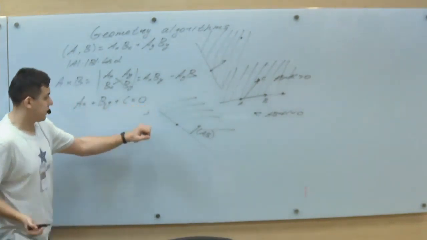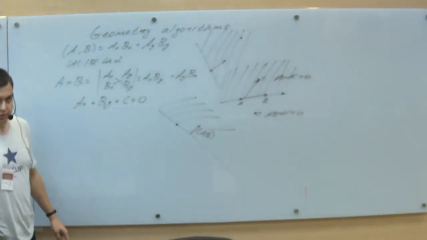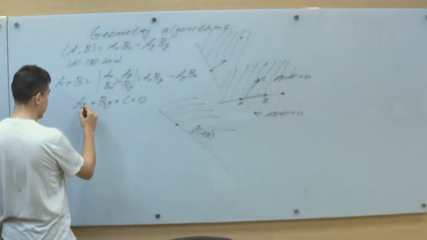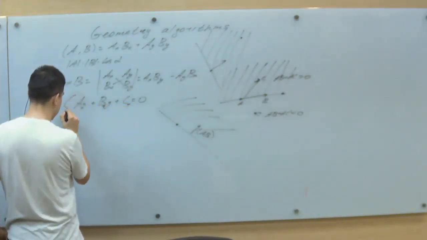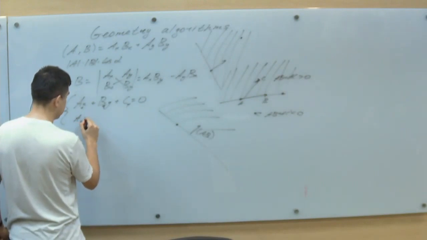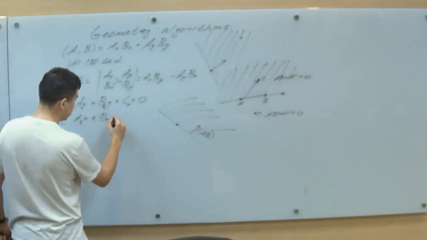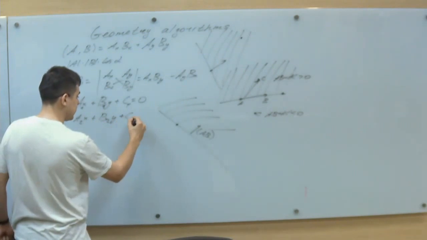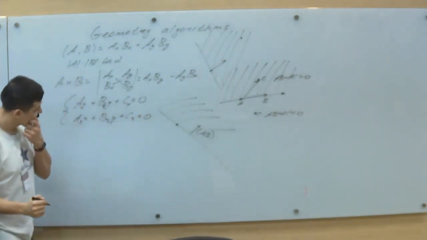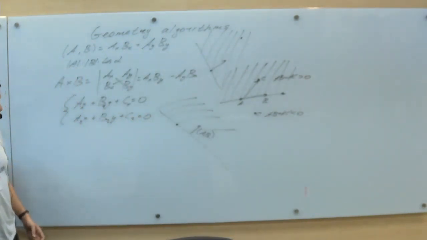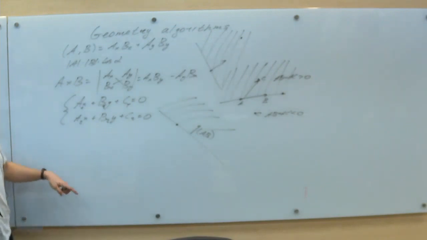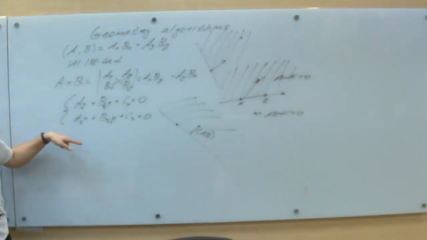And let's quickly remember how to intersect two lines. So we have A1, B1, C1, A2, B2, C2. The most convenient thing for me here is to use Cramer's rule.